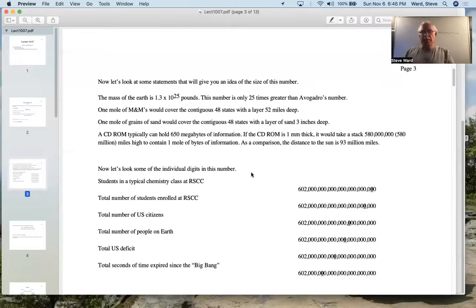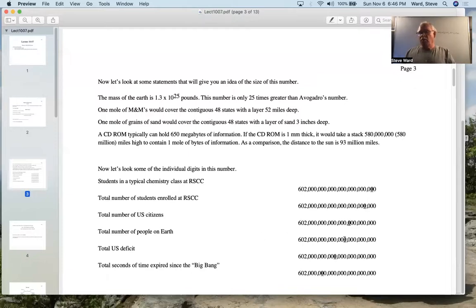Okay. The number of students we have in a class at Rome State comes to this decimal place. The number of students we have enrolled just comes to the thousands place. The number of United States citizens, there's about 330 million of us now, comes to this decimal place.